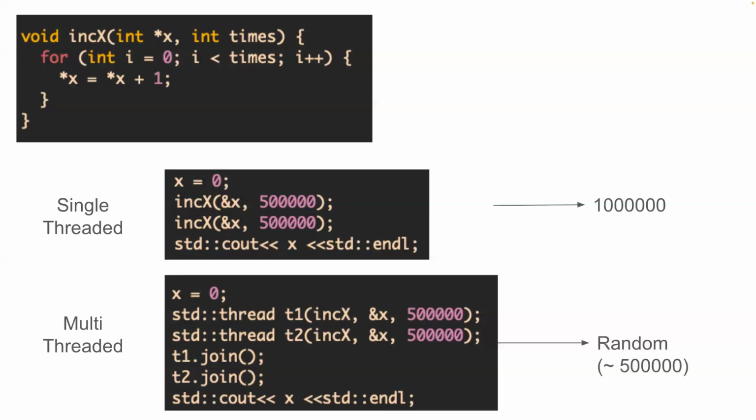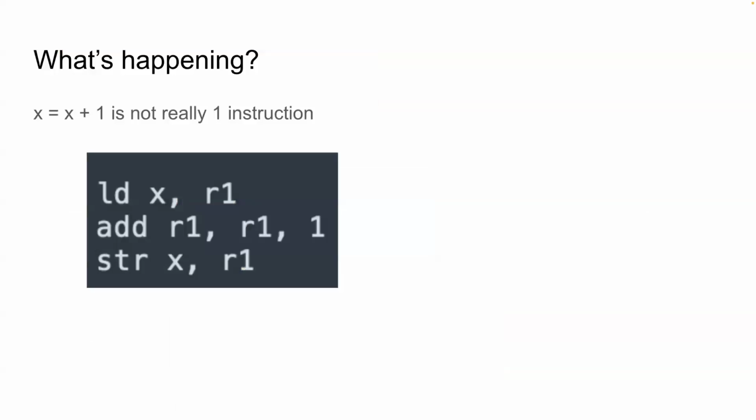But what actually happens is the first one executes as expected. The second one, you get different values each time you run it, right? So what's actually happening here? What's happening is x equal to x plus 1 does not really translate to one instruction. This is not exact assembly code, but it's a good representation of how x equal to x plus 1 is translated.